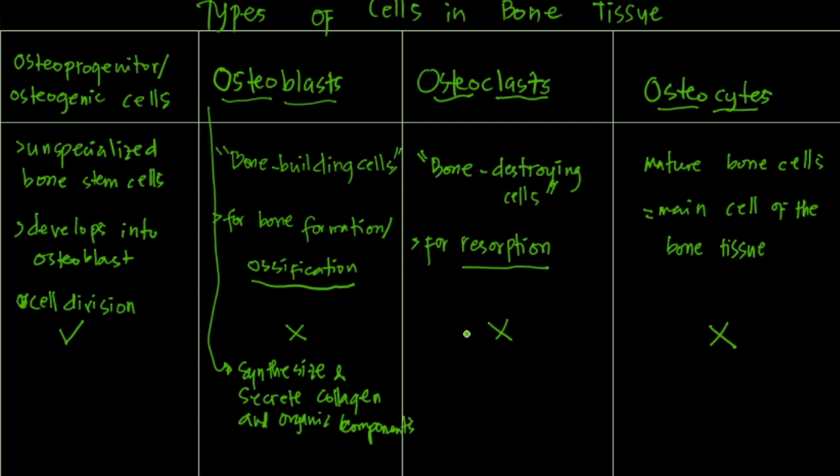On the other hand, we have your osteoclast. What is this osteoclast, by the way? Since I mentioned it is responsible for bone resorption, by the way, your bone resorption is a normal part of development and a normal part of the maintenance and repair of your bones.